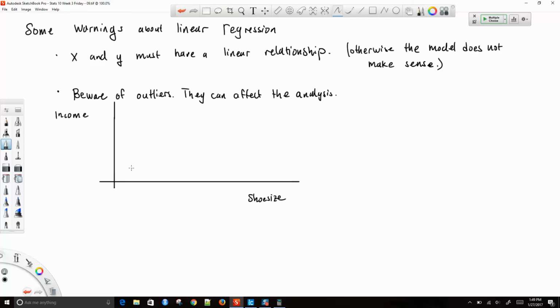If we just take the normal population, we would probably see no real correlation between shoe size and income. So r should probably be 0 for the normal population.